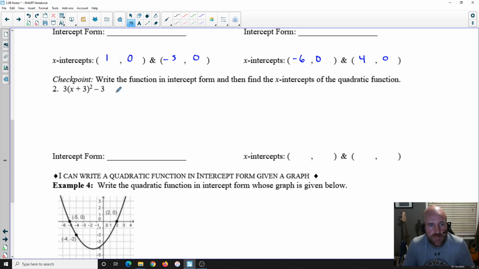All right. So a little bit more work than what we were doing in the examples. We have (x + 3) quantity squared, and then we're multiplying everything by 3, and then subtracting 3. So a little bit more, but we can handle it. (x + 3) times (x + 3) is going to go in here. So we end up with x squared plus 6x plus 9.